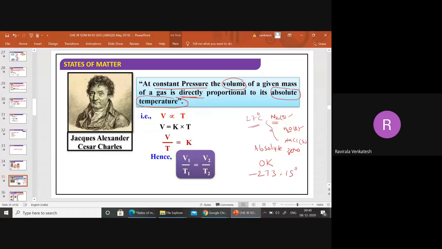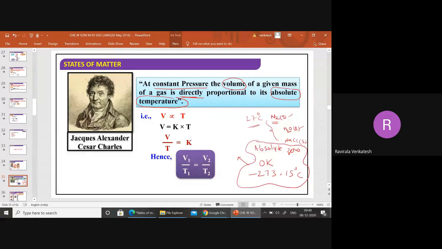This is called absolute zero temperature. In the examination, they may ask the question: what is absolute zero temperature? Answer: 0 Kelvin or minus 273.15 degrees Celsius. This temperature is taken as absolute zero temperature.